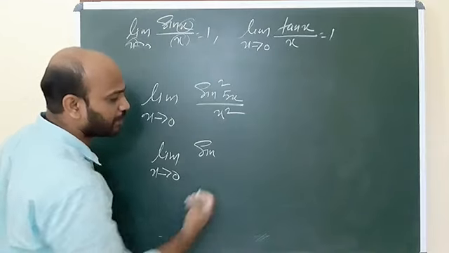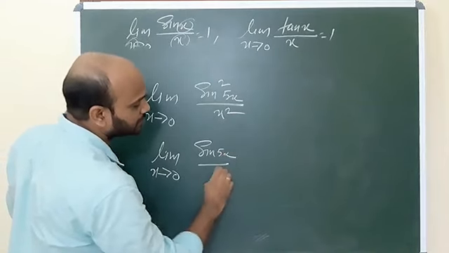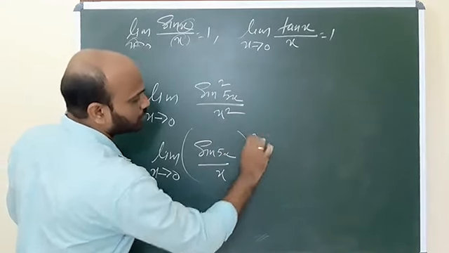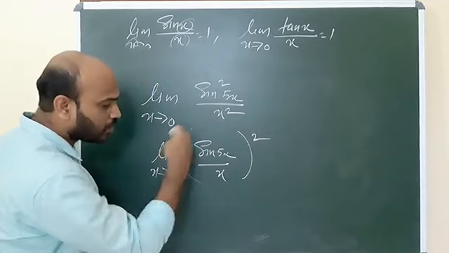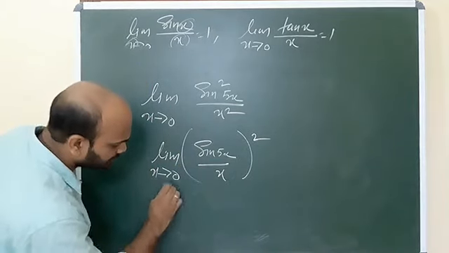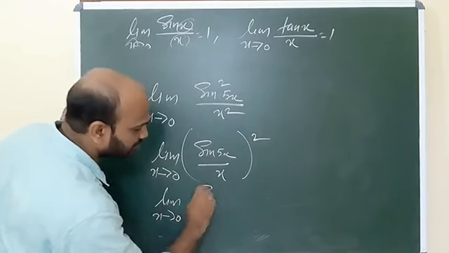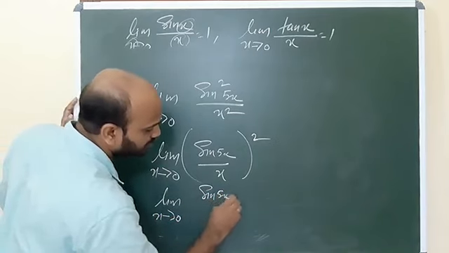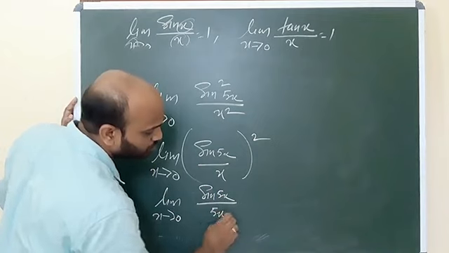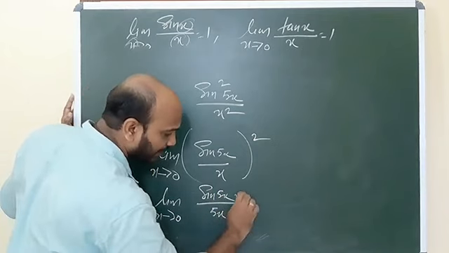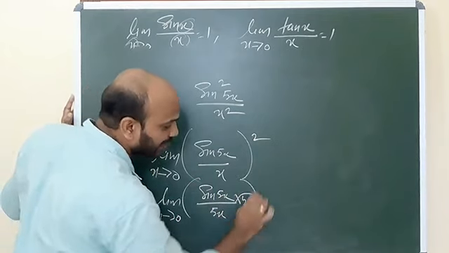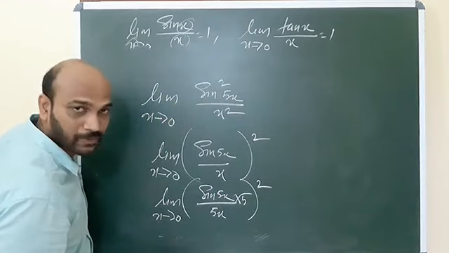That formula we can apply first. Sin 5x by x whole square. Okay. Now we can do the same method. Limit x tends 0, sin 5x should be 5x, so we divide with 5 and multiply by 5, and the 5 should be inside the bracket, that you have to note down.